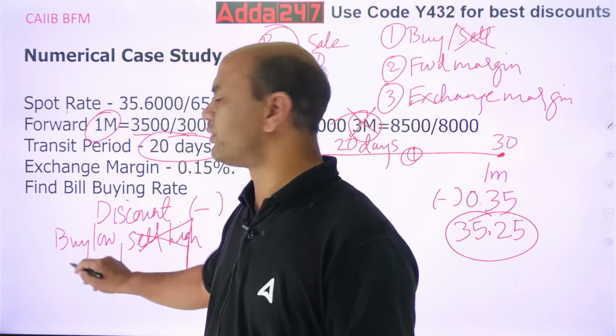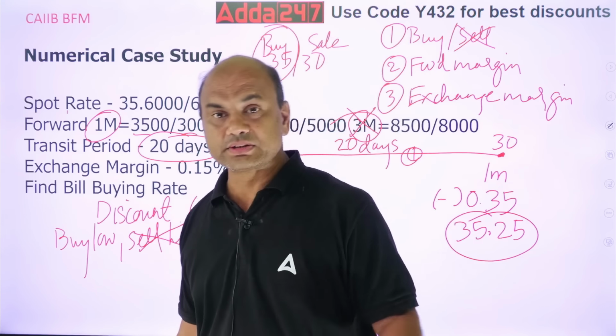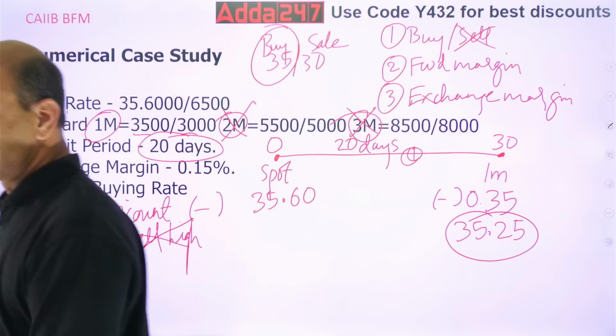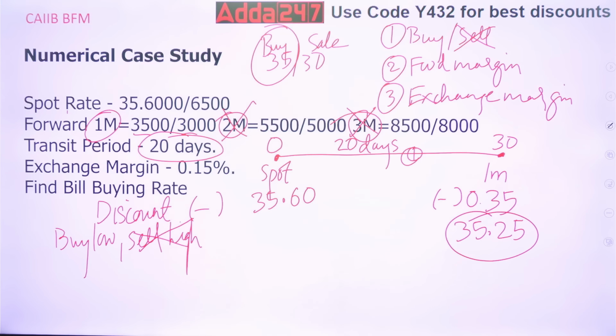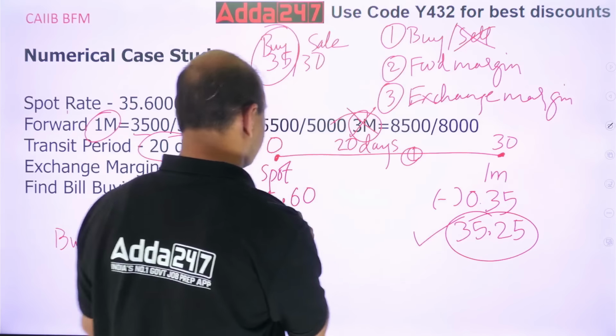You will only focus on buy low, the lower rate. Which is the lower rate over here, 35.60 or 35.25? It is 35.25. So this rate I will take, and I will not take the other rate now.